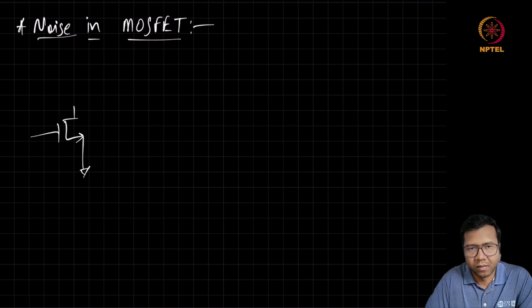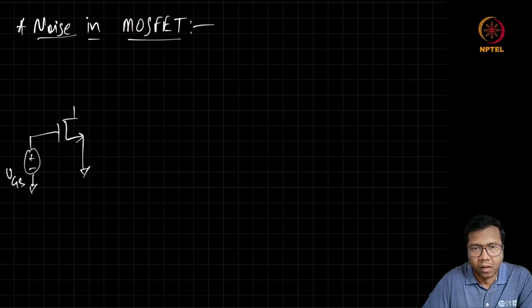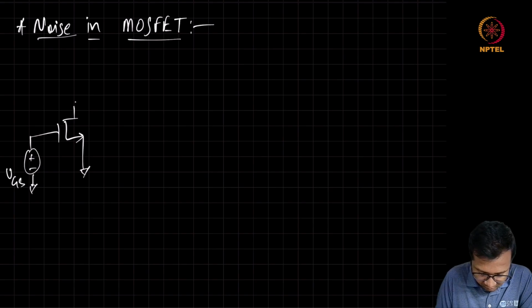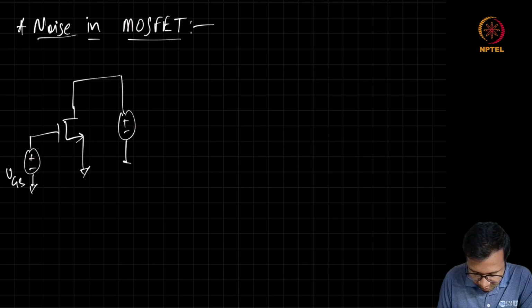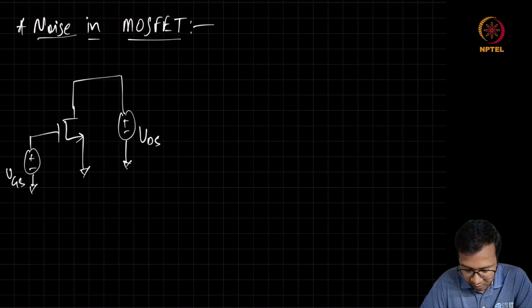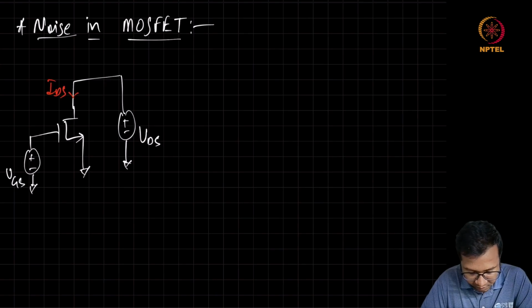So let's say there is an NMOS which is biased above threshold voltage at the gate side, and the drain is connected to a battery VDS. Let's then observe the IDS. So we know that this IDS depends on the region of operation.